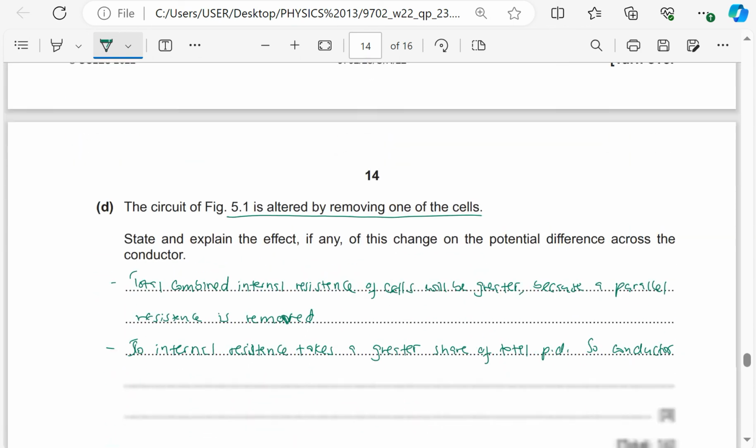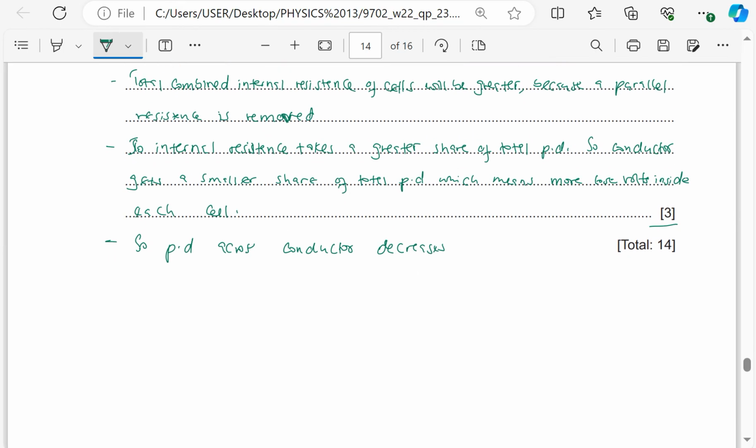You can still verify this by calculation.